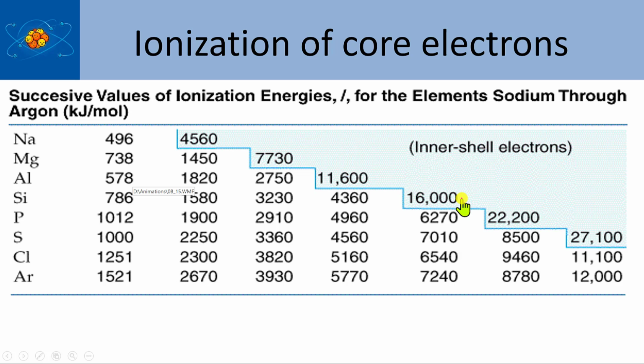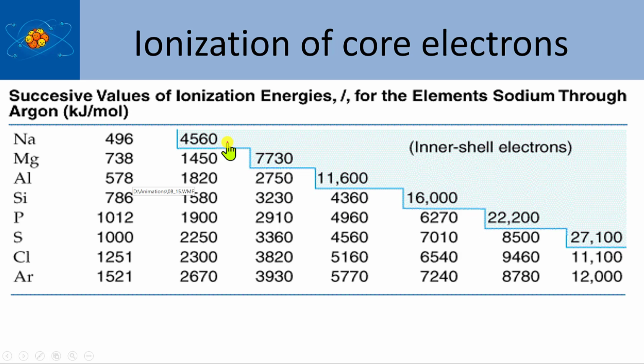And then the fourth one for silicon, phosphorus is the fifth, and sulfur is the sixth. So 1, 2, 3, 4, 5. 1, 2, 3, 4, 5, 6. So this one is for sulfur, the 7th electron, but it has 6 valence electrons. And so that's why this one is high, but then this one's way higher.